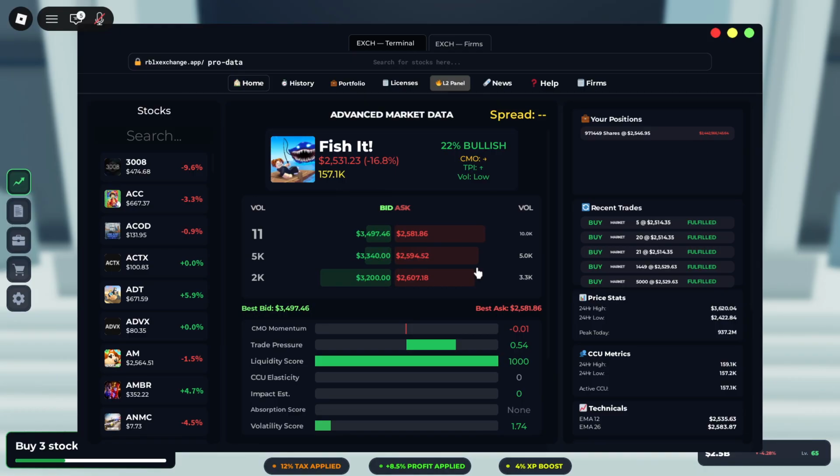When the CMO is positive, the game has more of a chance to increase in price, or the stock has an increased chance to increase. When the CMO is negative, there are fewer players than expected, players are leaving the game, resulting in the stock decreasing a bit or a lot.